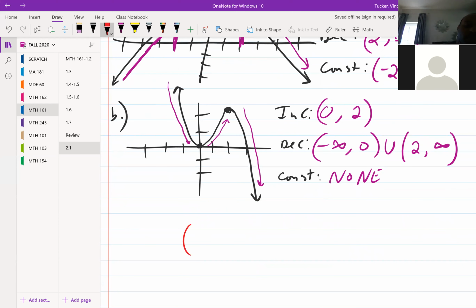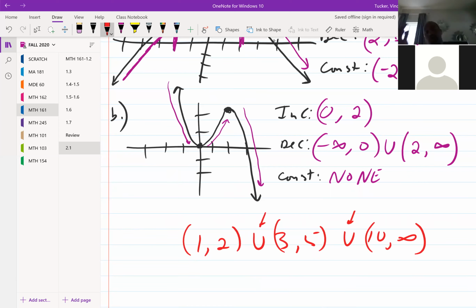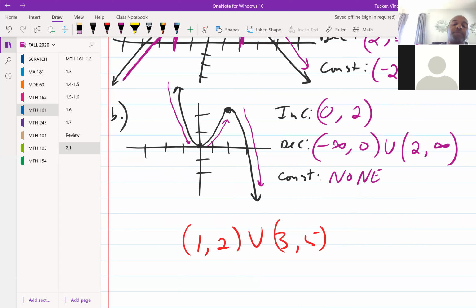So if I'm going 1 to 2, 3 to 5, 10 to infinity, I always have to use the union signs. They represent or. So it's this or this or this. What you're not supposed to do is just put a comma there or just leave it like that. You have to put that union symbol there.